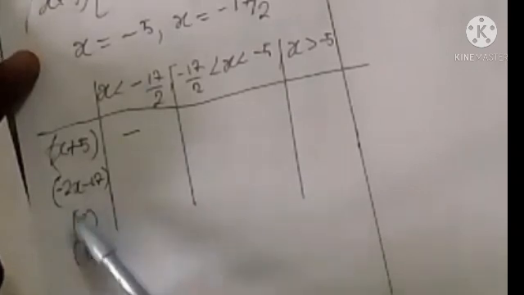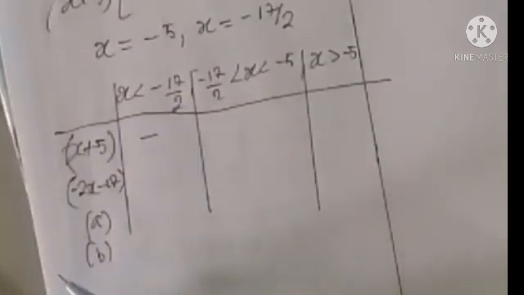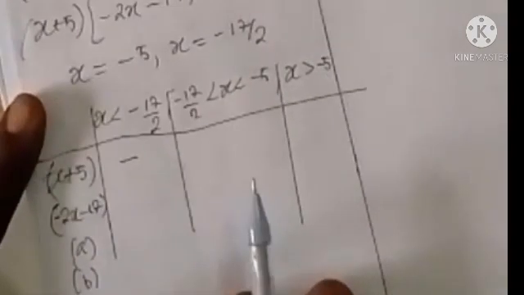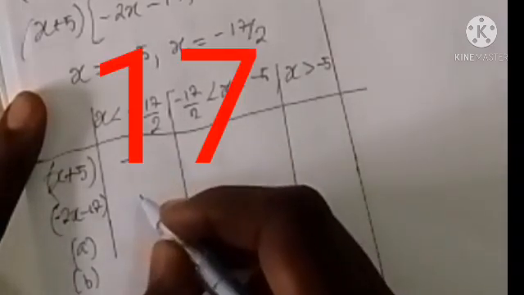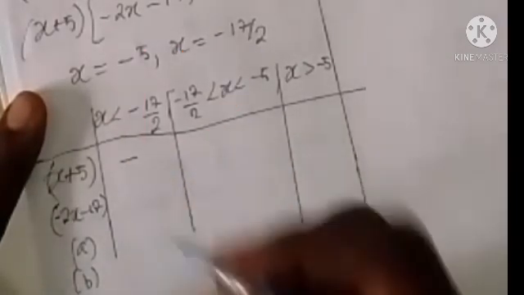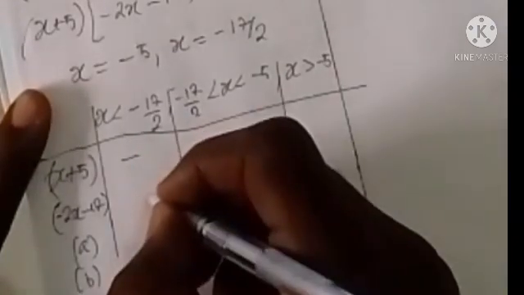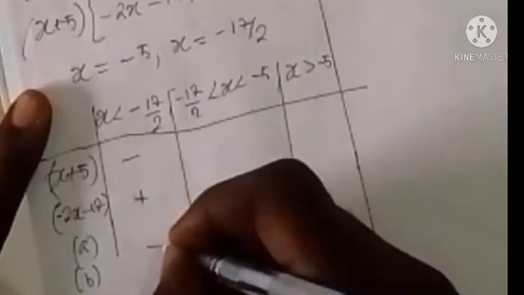Again, when we substitute negative 9 here, negative 9 times negative 2 gives us 18. 18 minus 17 is going to be a positive value, so you are going to have negative values.